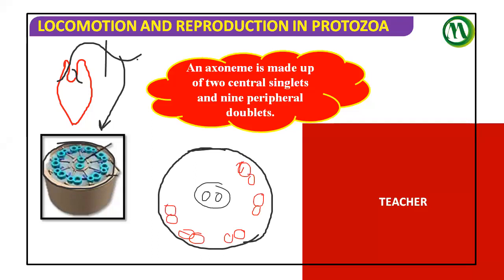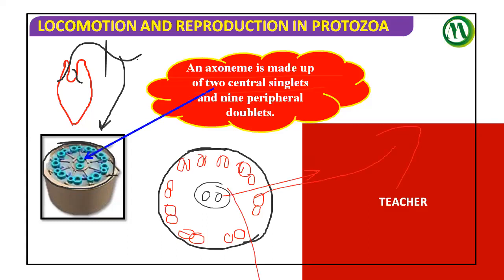So the nine peripheral microtubular doublets are present here, and these are the two central singlets. Two central singlets and nine peripheral microtubular doublets.